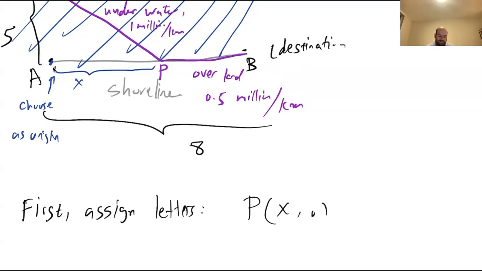Then P is (X, 0), and we want to find X. So the goal is to find X such that the total cost is as small as possible.